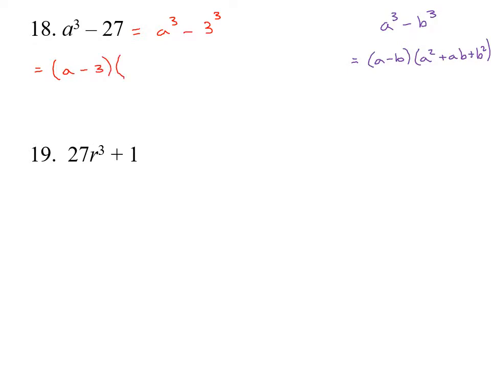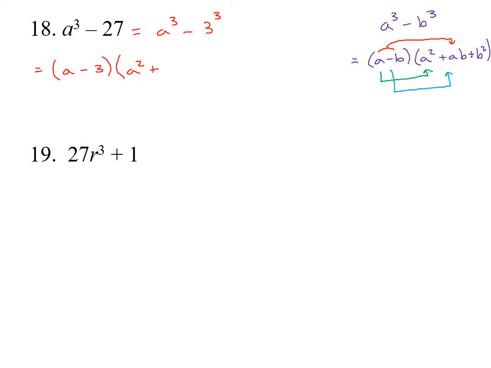And then looking at the rule over here, this term to this term just gets squared. So the a goes to a squared. This minus sign gets swapped to a plus sign, so I get a plus. Then I take these two together, and they get multiplied to go in the middle.